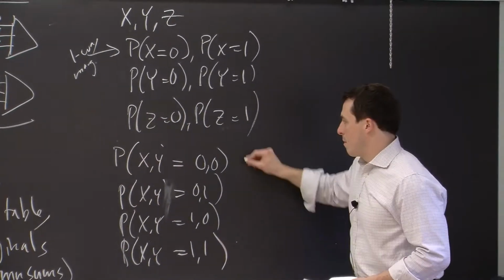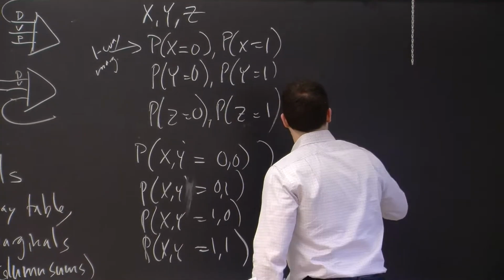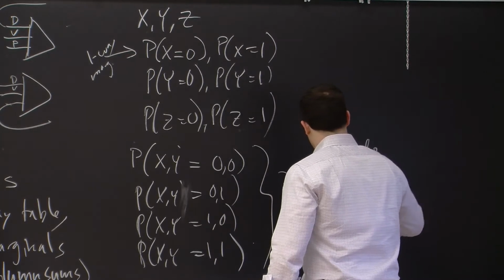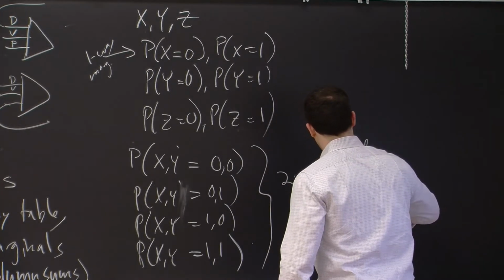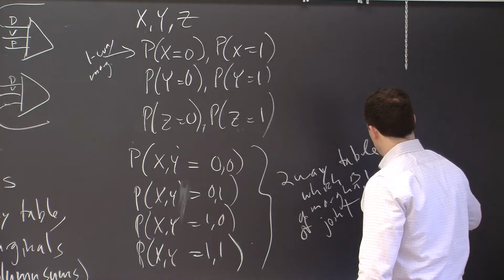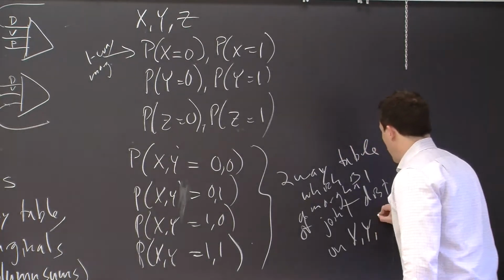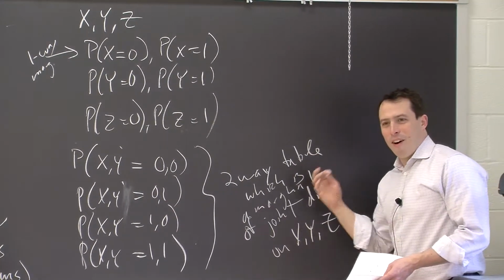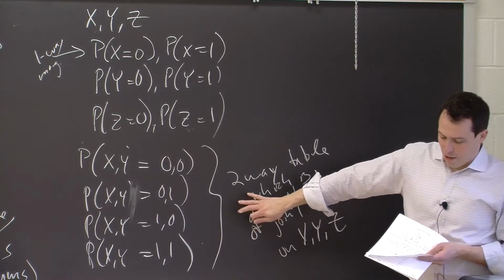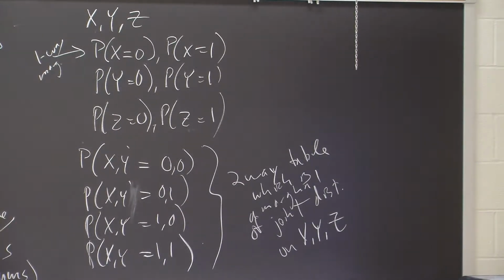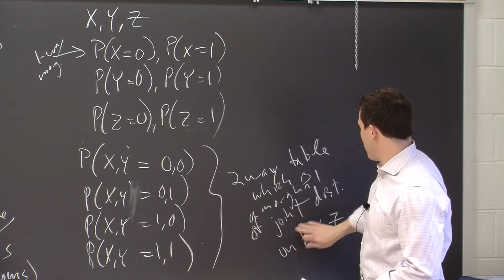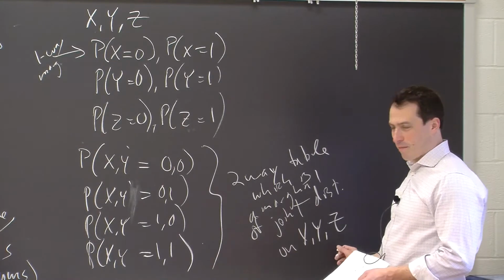So this is another marginal, but this is a two-way table, which is a marginal of the joint distribution on all three variables. As I have more ways, all of the lower order things become the kinds of marginals and the kinds of conditionals that we can obtain.